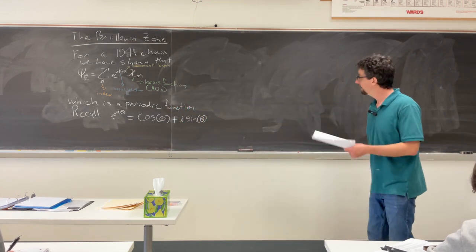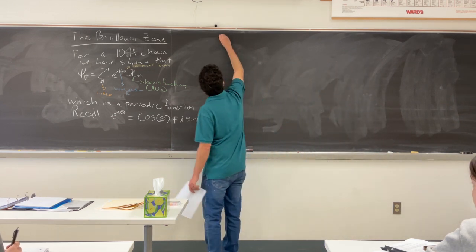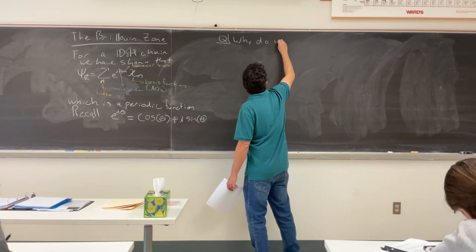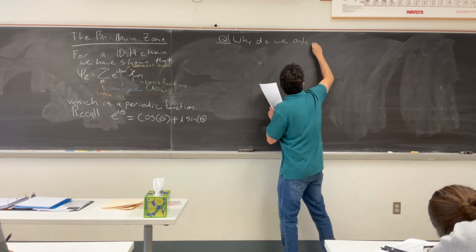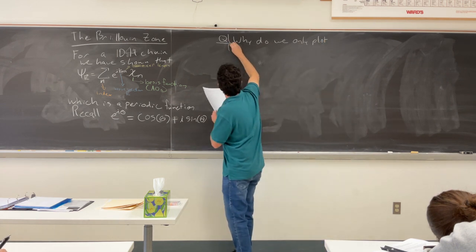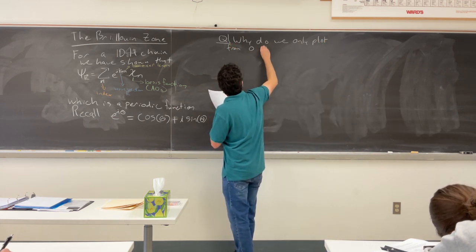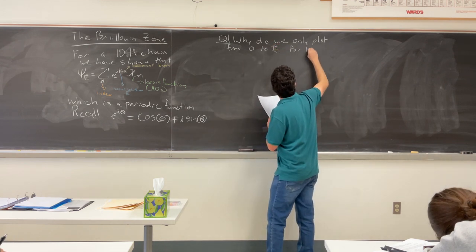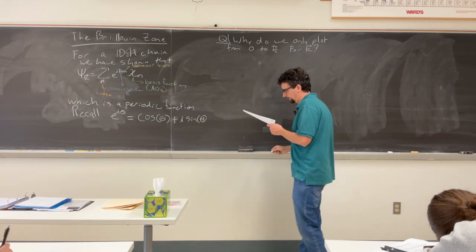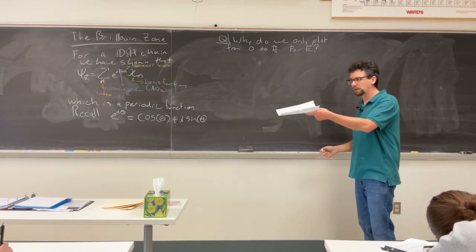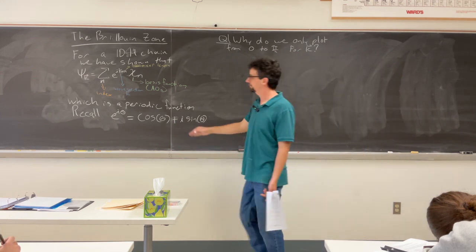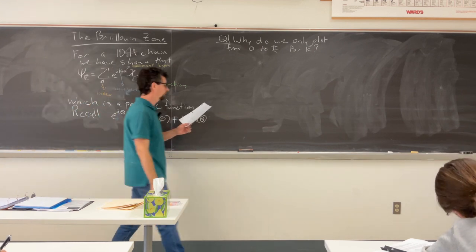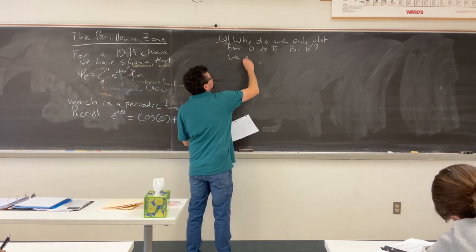So now the next question I ask is, why do we only plot from 0 to pi over a for our wave vector? Yeah, periodic function. It's a combination of sines and cosines. We're just going to get the same thing over and over. We get redundant information.